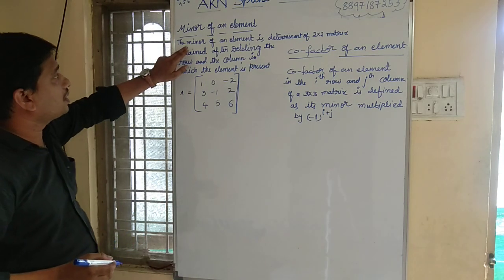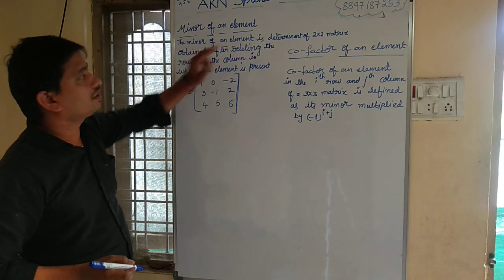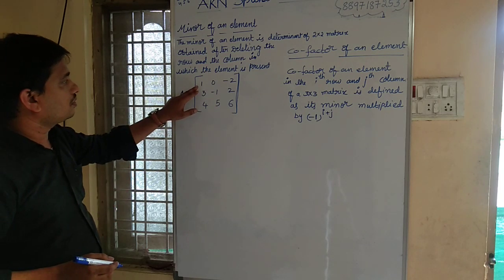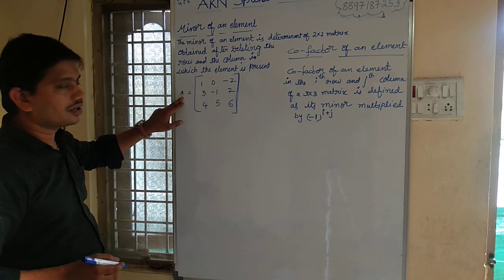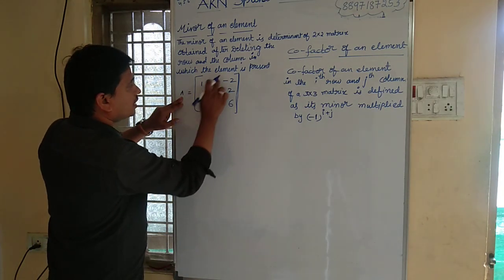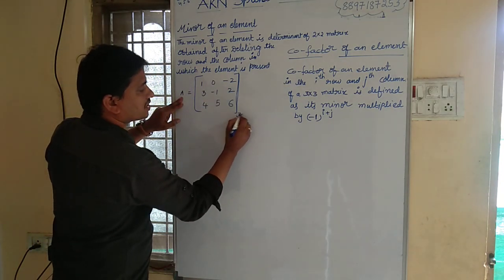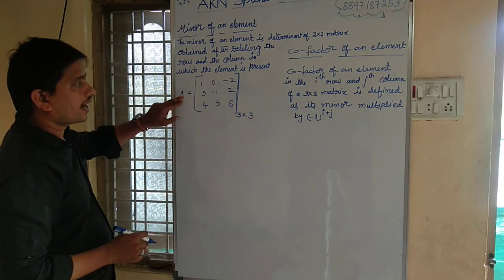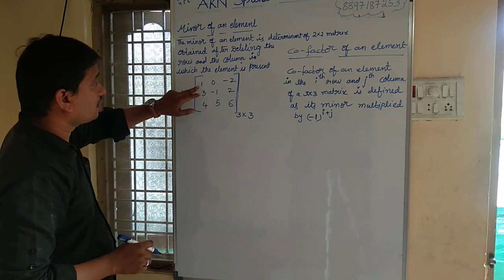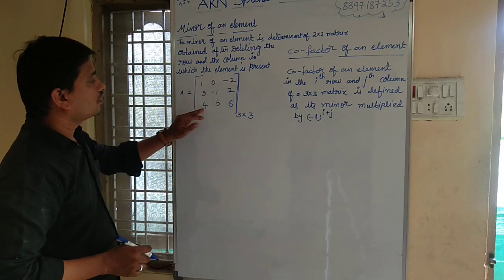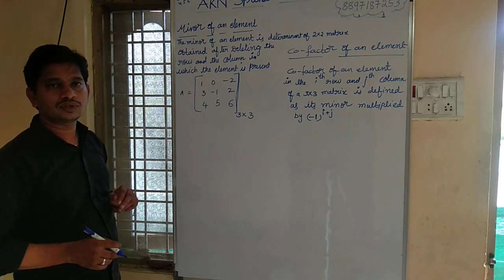What do you mean by the minor of an element? In the given matrix A, we have 3 rows and 3 columns, so its order is 3 by 3, and the elements are 1, 0, -2, 3, -1, 2, 4, 5, 6.